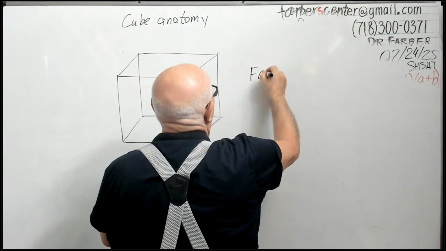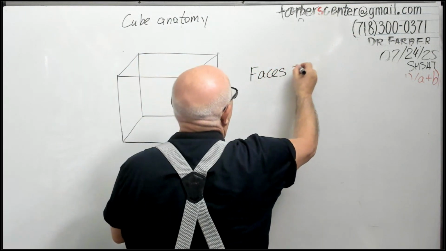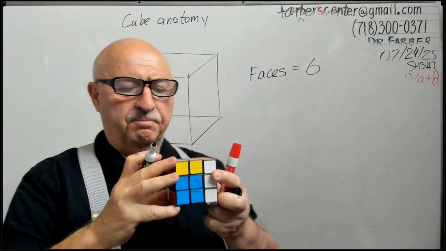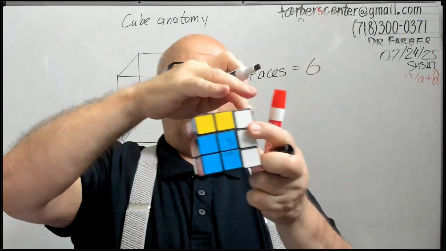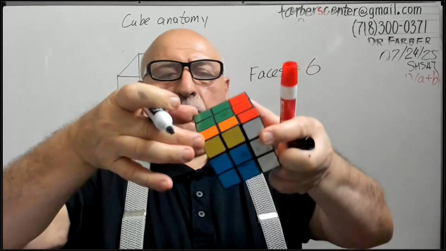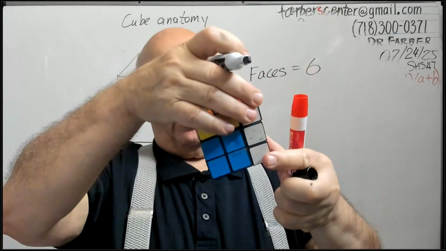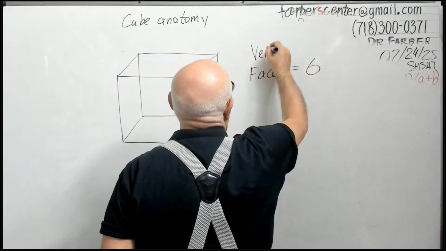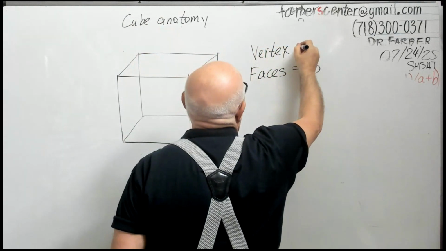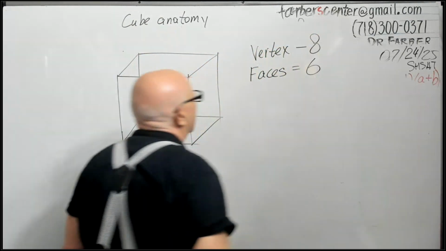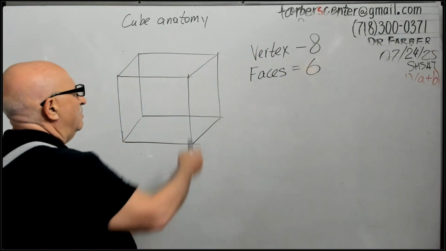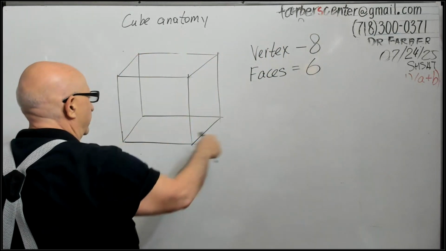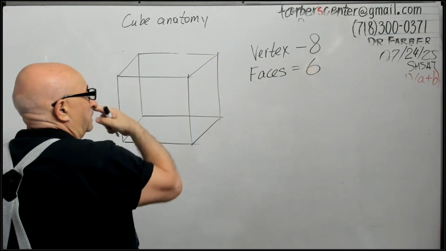Faces, we have 6. Vertices: 4 on the top, 1, 2, 3, 4, and 4 on the bottom, so you have 8 vertices. Now edges: 4 there, 4 here, and 4 connectors.